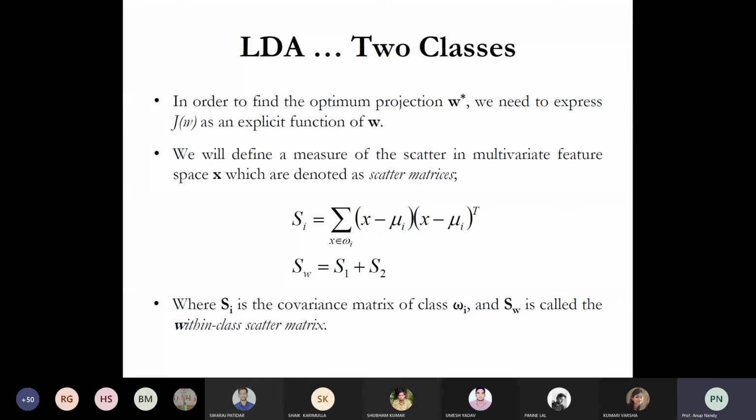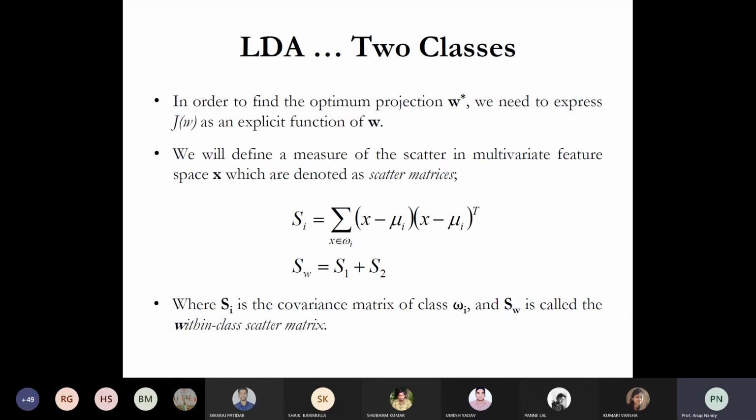If you have more than one variable, or n number of samples, then obviously you need to consider scatter matrices. This scatter matrix is denoted by Si. Si is equal to the sum of (x minus mu i) into (x minus mu i) transpose. This is the formula for the within class scatter.